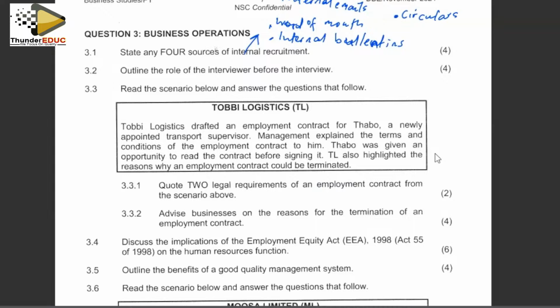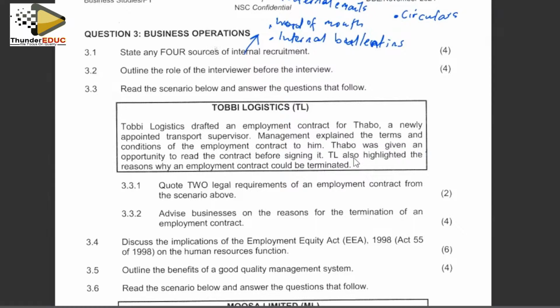So now let's jump on to question 3.2. It reads as follows. Outline the role of the interviewer before the interview. The role of the interviewer before the interview is to book and prepare the venue for the interview, and also to inform all the shortlisted candidates about the date and the place of the interview.